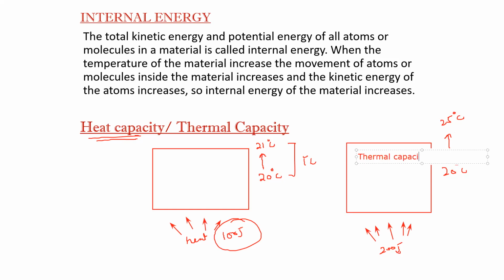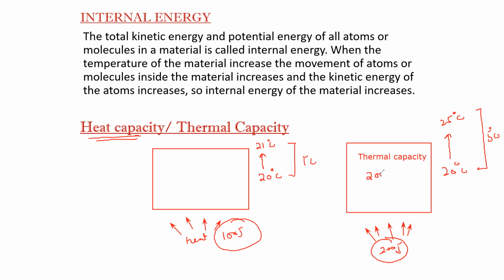The term thermal capacity or heat capacity means how much energy is stored by the object for every 1 degree change in temperature, or the energy change when the temperature changes by 1 degree. That's called thermal capacity. So 200 joules of energy is absorbed by the object and its temperature changes by 5 degrees. But we want only for 1 degree, that if there is a 1 degree change in temperature, how much energy is needed or how much energy is stored by the object.